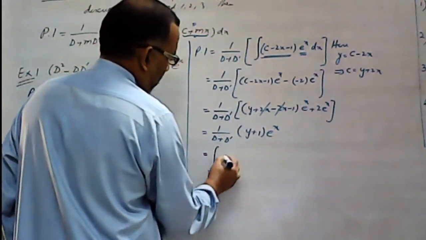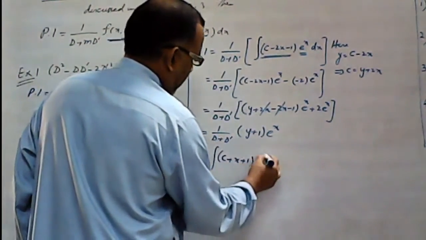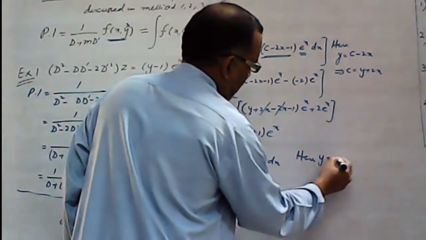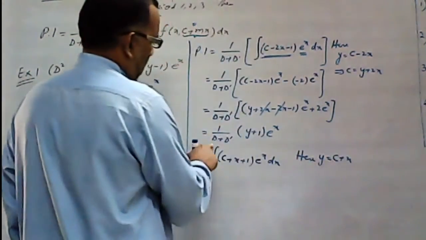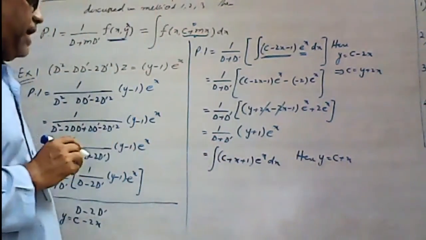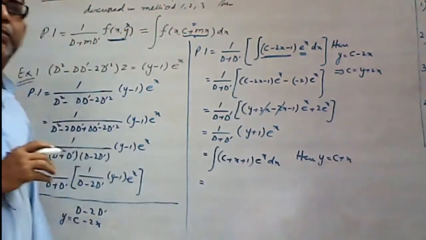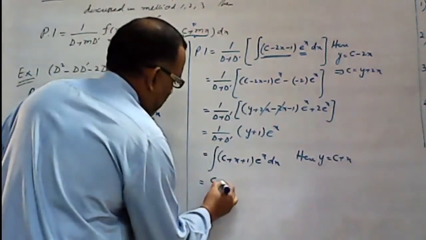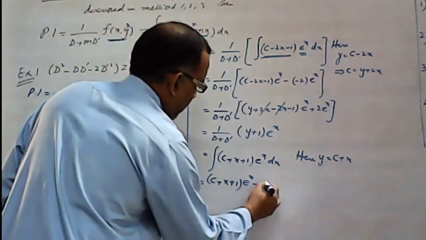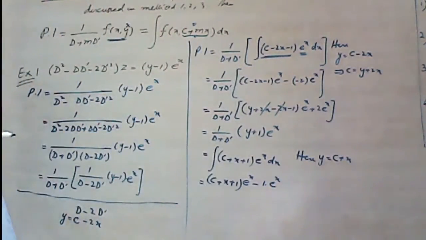So now y will be equal to the integral of (c + x + 1)e^x dx. Here y equals c + x; d will be replaced by c and d dash will be replaced by x. So again applying the by parts formula: (c + x + 1)e^x minus 1·e^x.